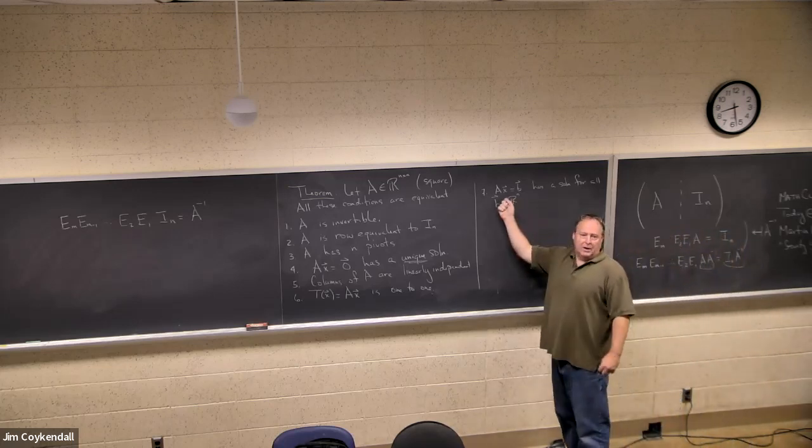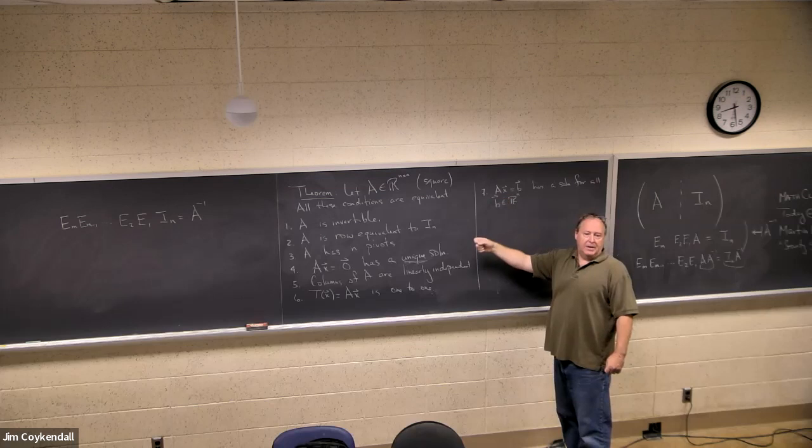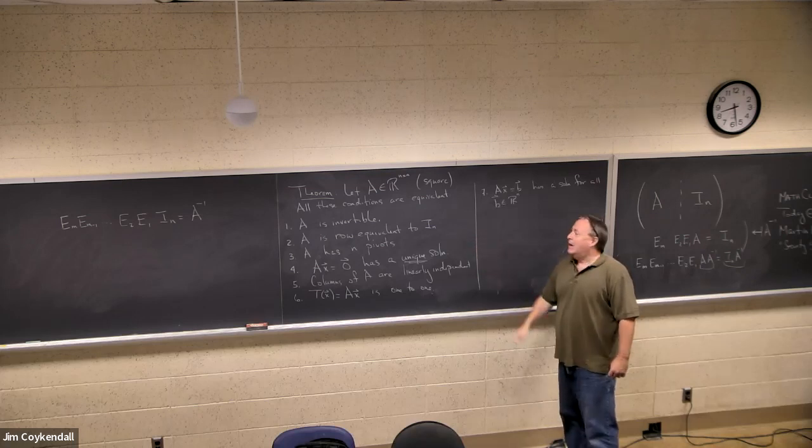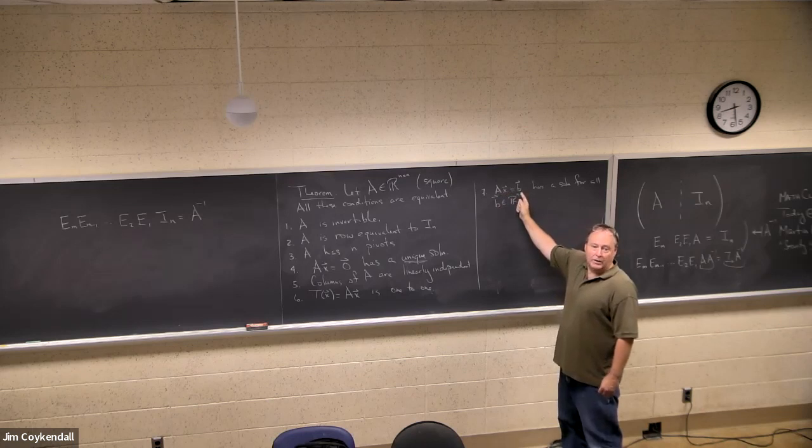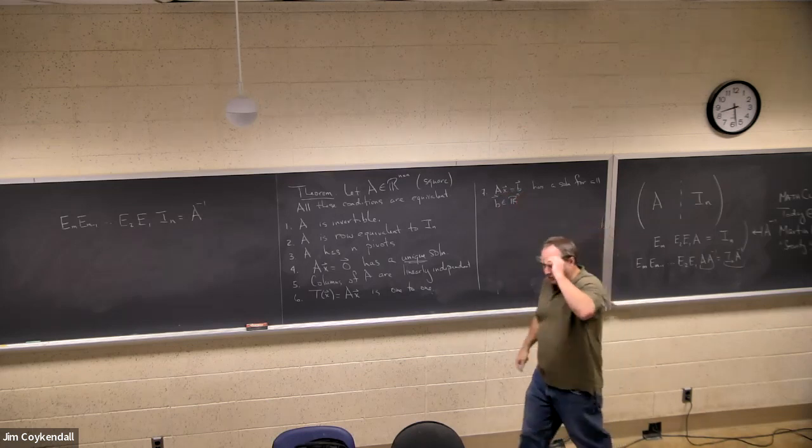Why is this? Because remember, A has n pivots, so every row contains a pivot element. And so that means that the columns of A span Rn. And so this always has a solution.